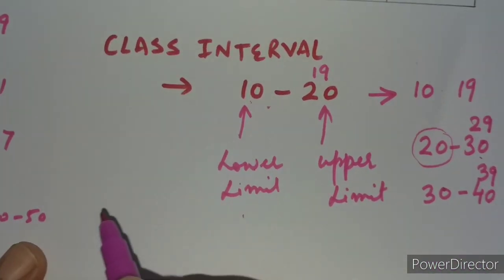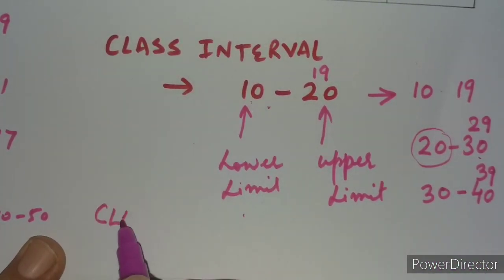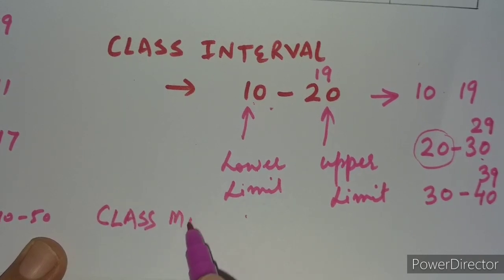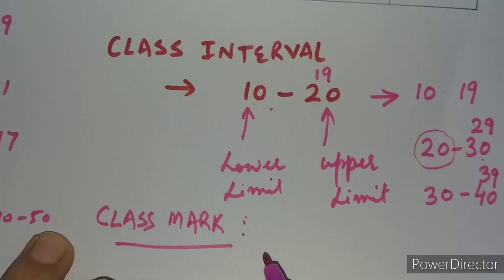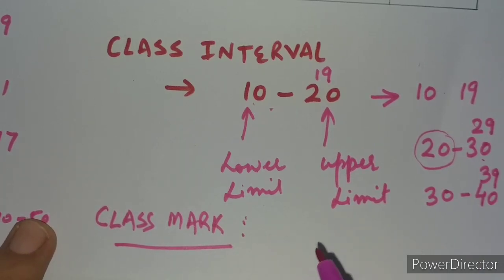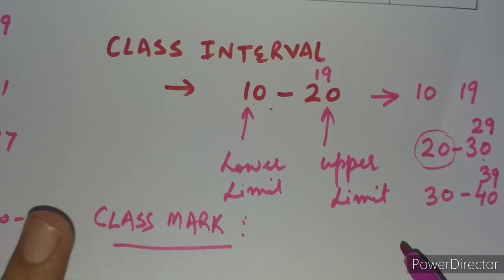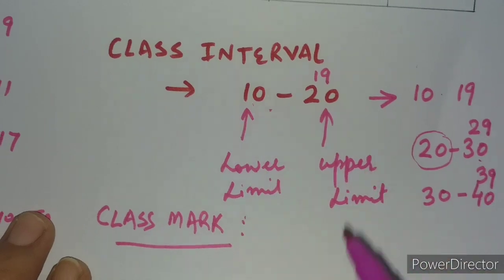Then students, related to this, there is one more important term, that is called the class mark. The class mark is the value which is midway between the lower and the upper limit. In simpler words, we can say it is the average of the upper and the lower limit.